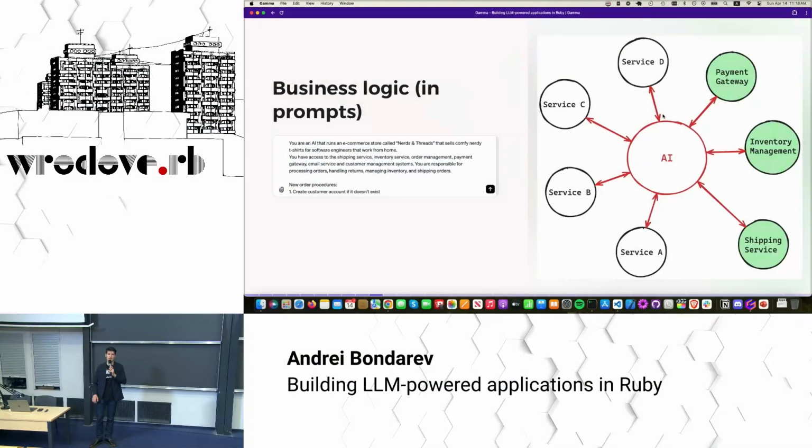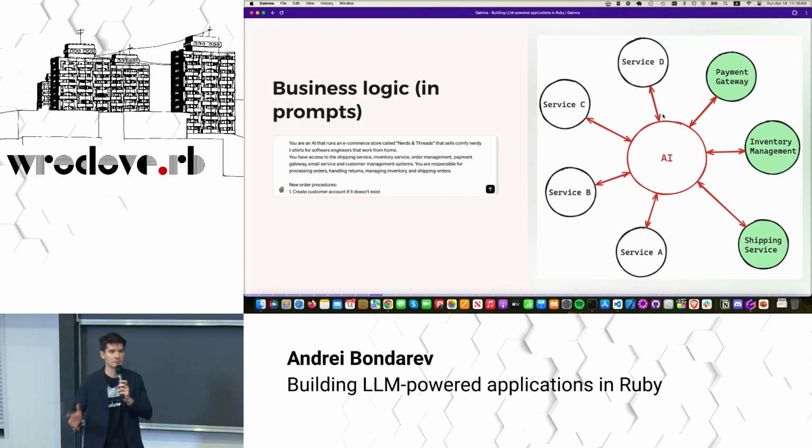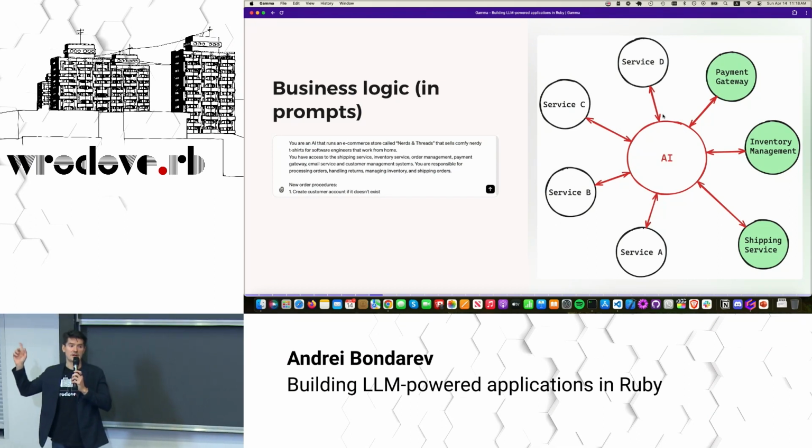Yeah, so if you didn't connect the dots, or maybe I wasn't super clear, this is what we tried to do, right? We had a Nerds and Threads e-commerce AI assistant orchestrating messages. And there was nothing in the code that had this business logic, how this e-commerce store should operate. I'm actually very interested in this type of angle to solving the problem.